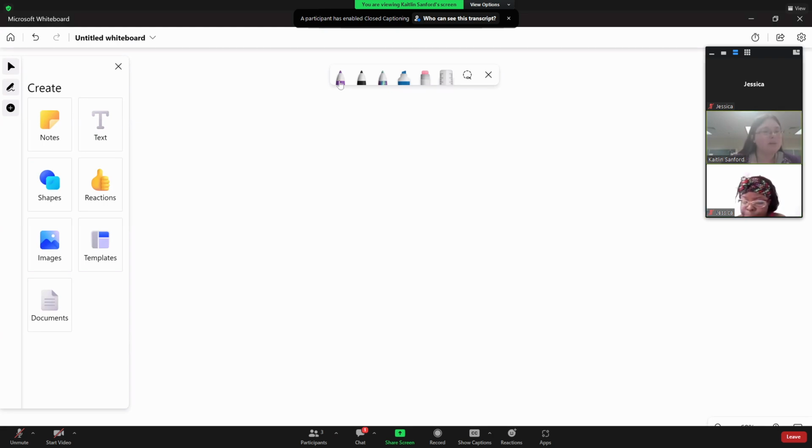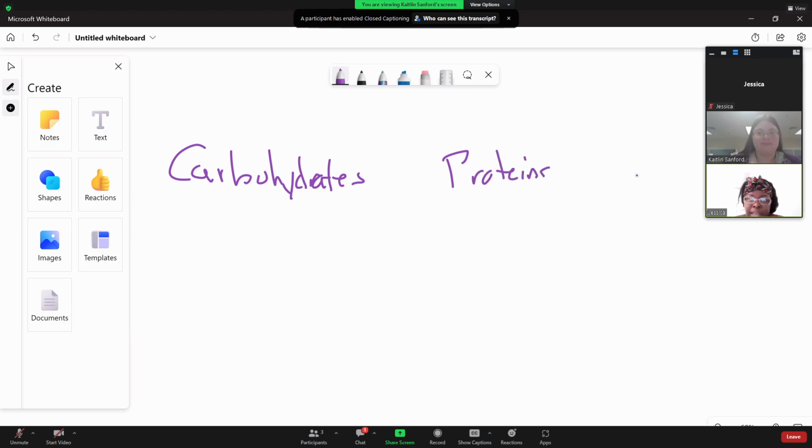Go ahead and look in your notes if you want, but we have carbohydrates, proteins, lipids, and nucleic acids. Lipid is fat. Yep, lipid is fat. And then the nucleic acid.